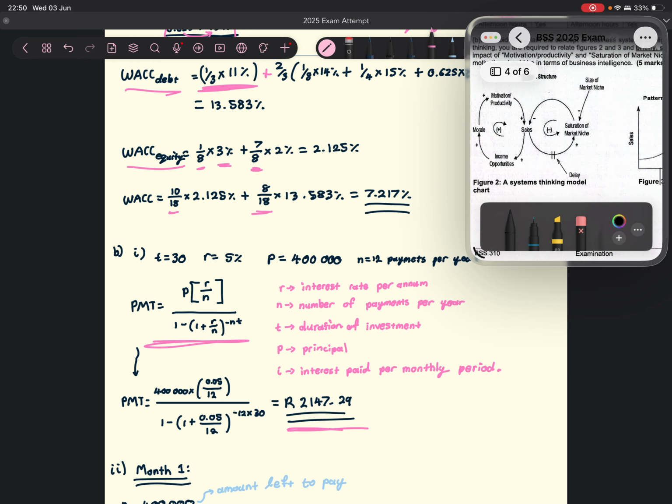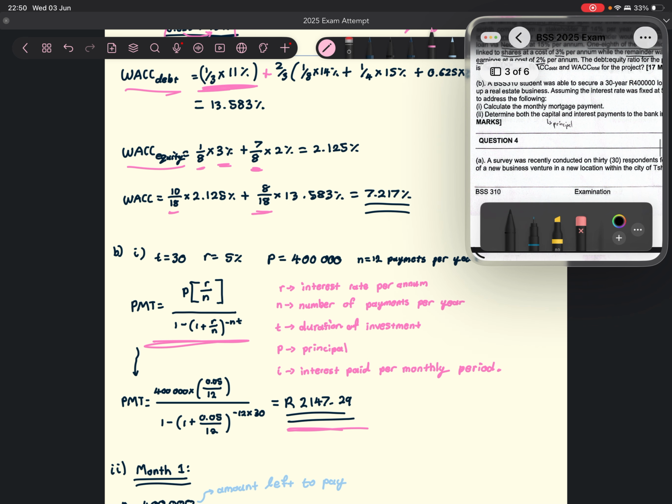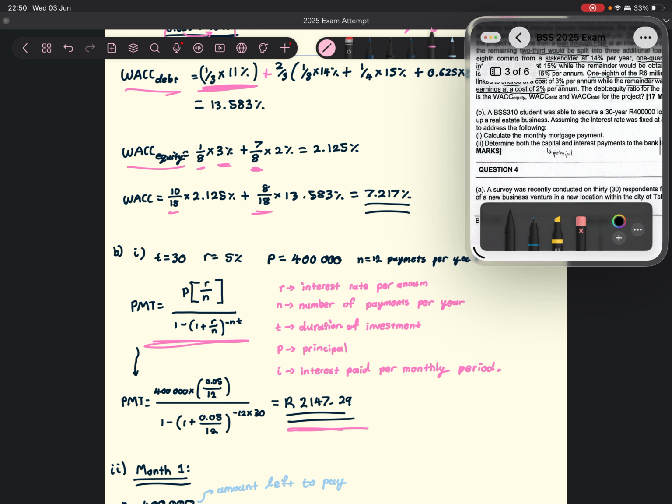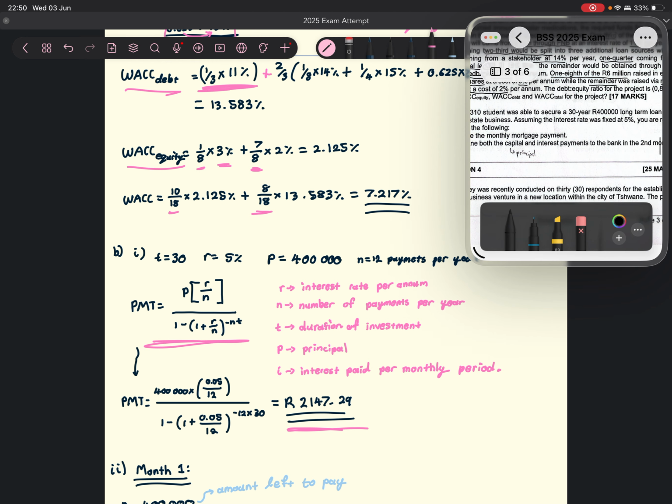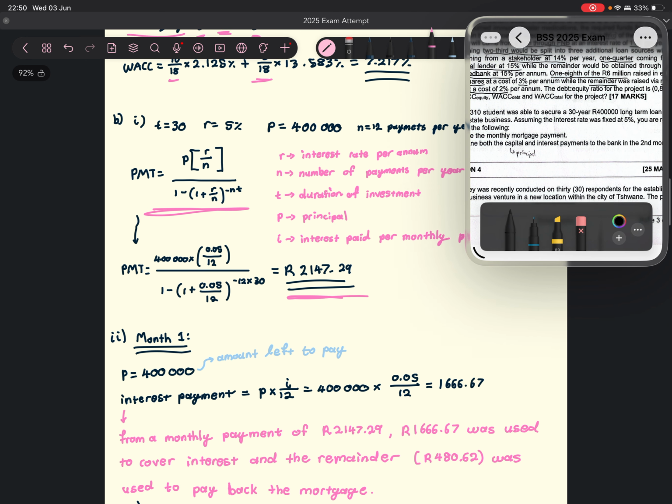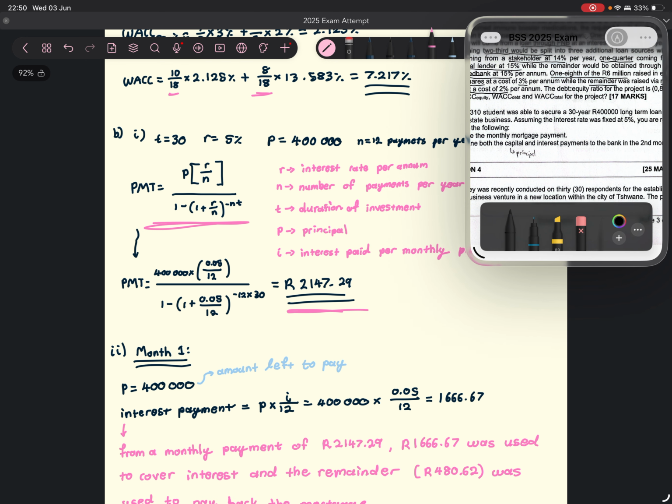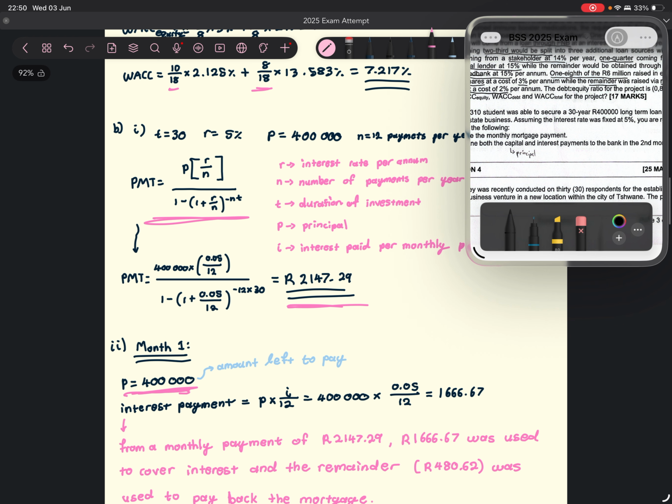And then we also want the capital, or the principal, and the interest payments to the bank at the end of the second month. So for month 1, this is the amount we have to pay, right? And we want to figure out how much is going into interest and how much is actually going into paying off our loan. Interest payments is given by this equation, which is P times I/12, where P is your principal for the given month.